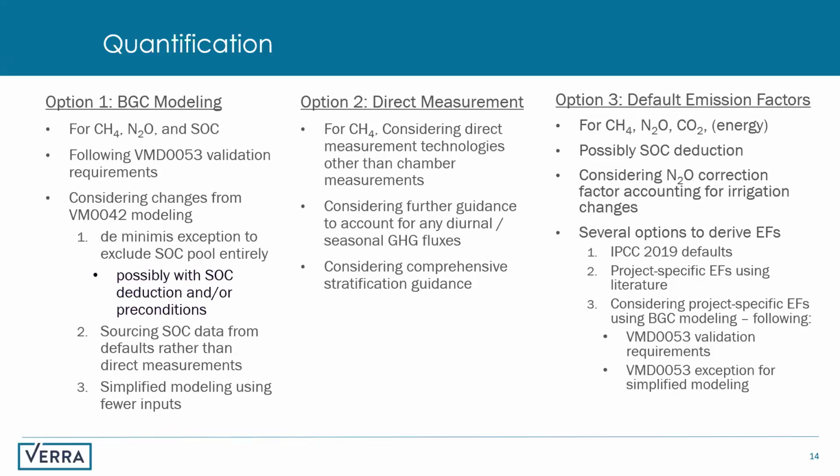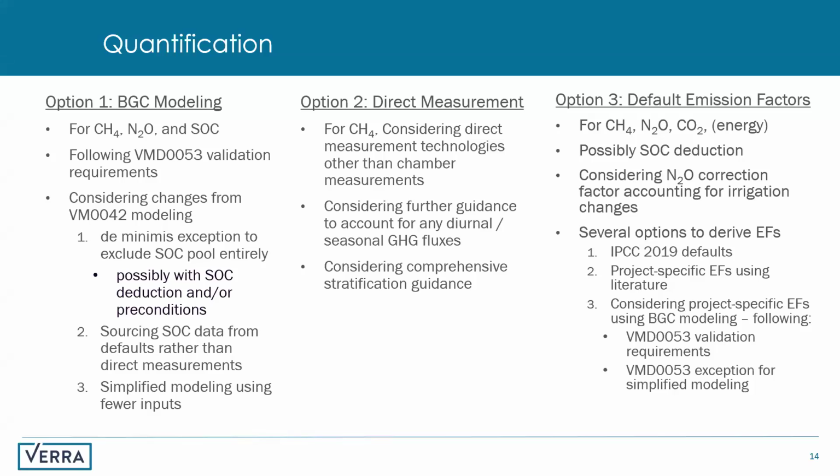We're also looking at the N2O correction factor. So that's something that we saw in the IPCC 2019 refinements. This is a very useful factor, which essentially focuses in on those irrigation changes that we're expecting to be the key driver here in practice changes. So we do have that in the IPCC 2019 document that we'll bring across.